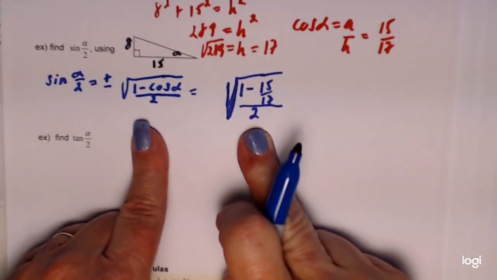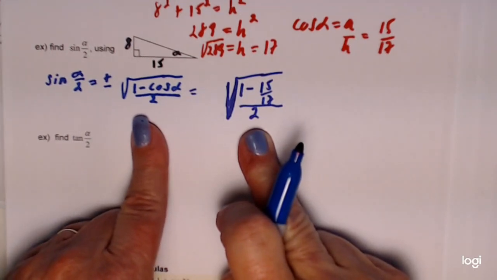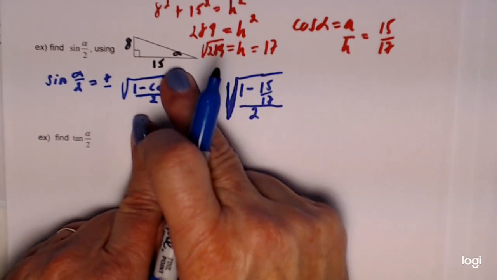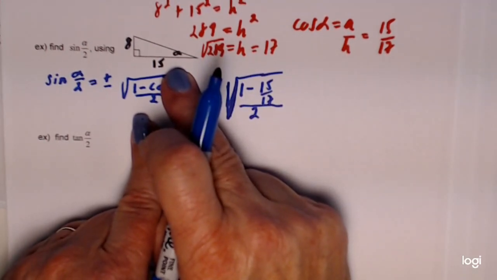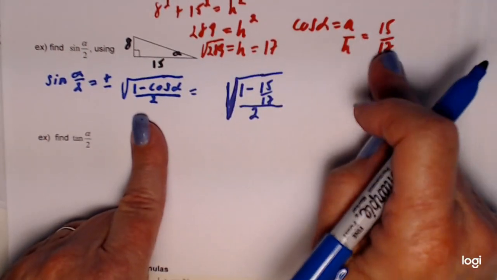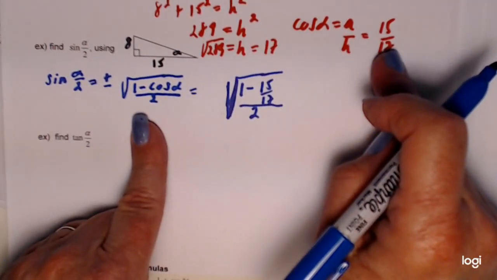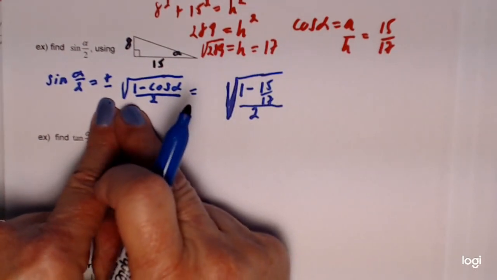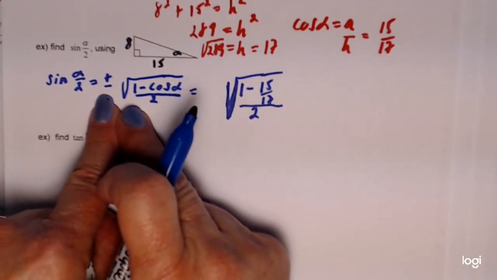Now, in this particular problem, this is a triangle. So we're going to assume that it's in the first quadrant because we're not given any other information. So our cosine is going to be positive. Now we have to make this similar judgment call here, this plus minus.